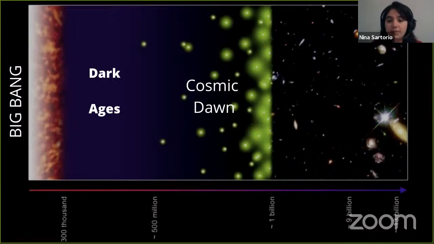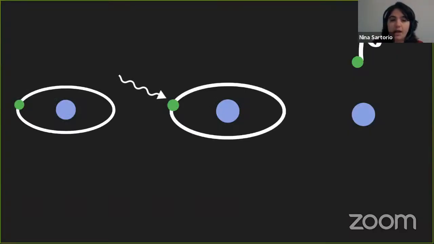Okay, so what do I mean by that? If you imagine here on the left, you have a neutral atom. A neutral atom has one proton in its nucleus and a little electron here in green that circles around it, more or less. If you have radiation that comes from these early stars, this radiation can interact with this electron and kind of kick it out.